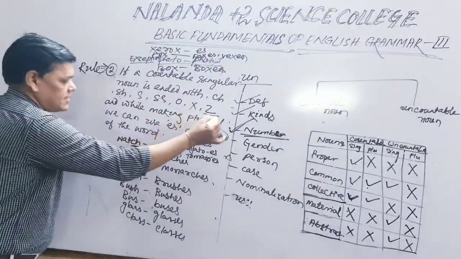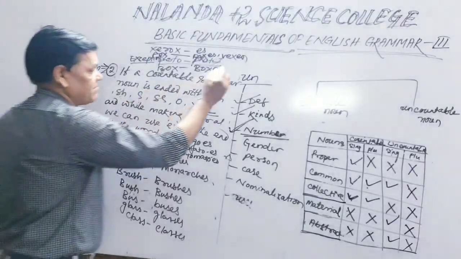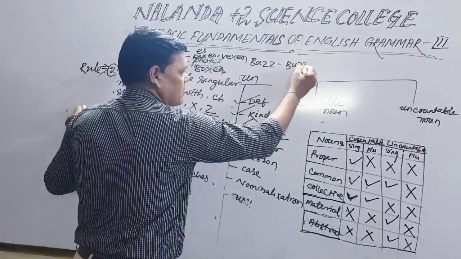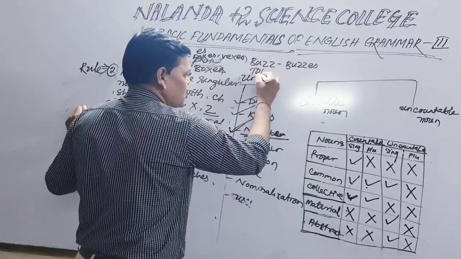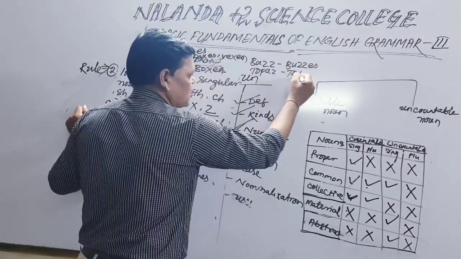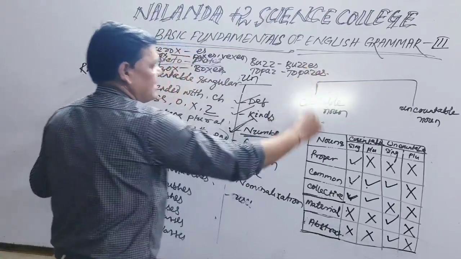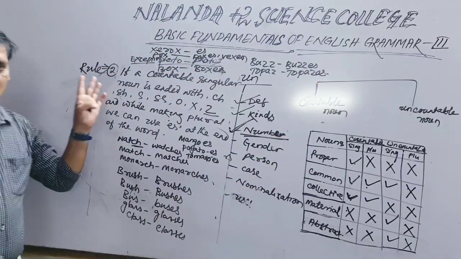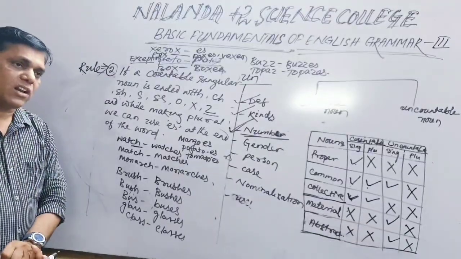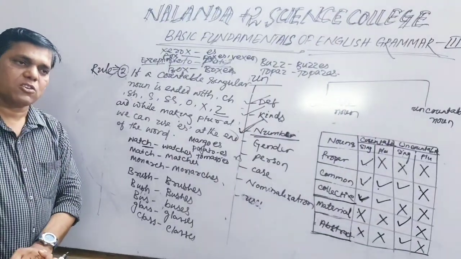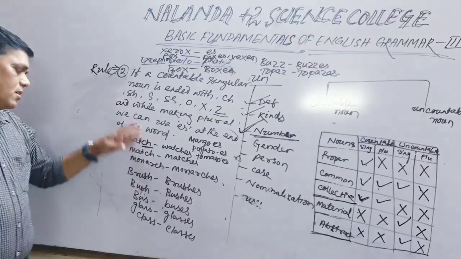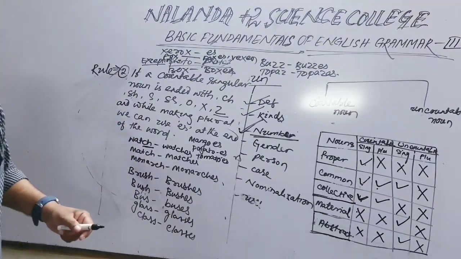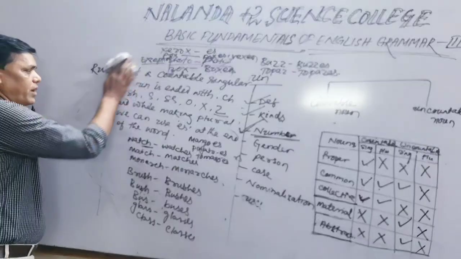Last one is z: buzz, buzzes, topaz, topazes. Es is here to make the word plural. Did you come across the second rule related to changing the noun from singular to plural? Yes. Now we shall discuss the third rule related to changing the noun from singular to plural.